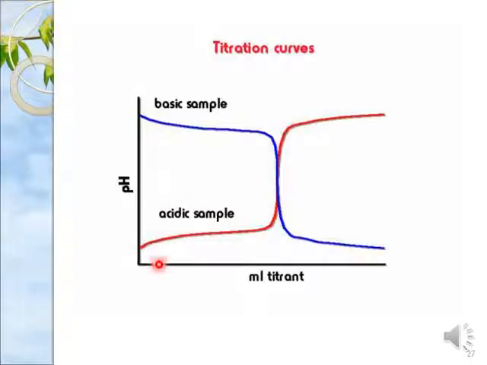Let's say if we start with an acid sample like the previous example, HCl, and a strong titrant, sodium hydroxide, you will get this curve here. If we start off with a basic sample and the titrant is a strong acid, you get this curve instead. Notice that the inflection point will be identical, whether it starts from acid or from basic. It is still the same pattern, just inverted.